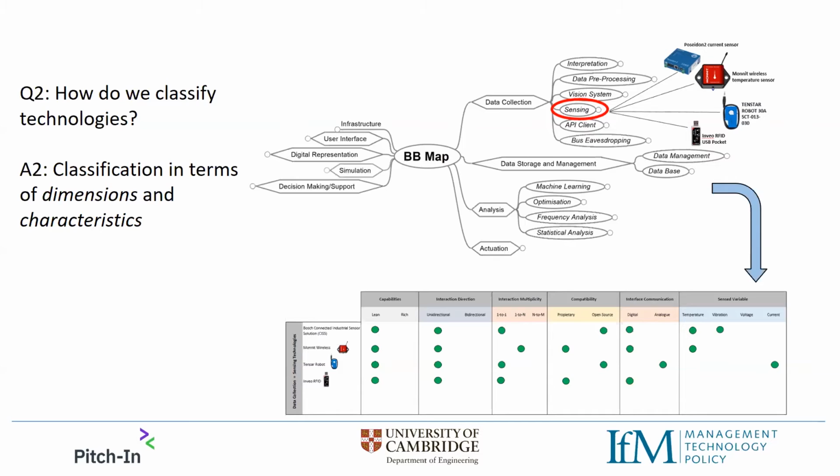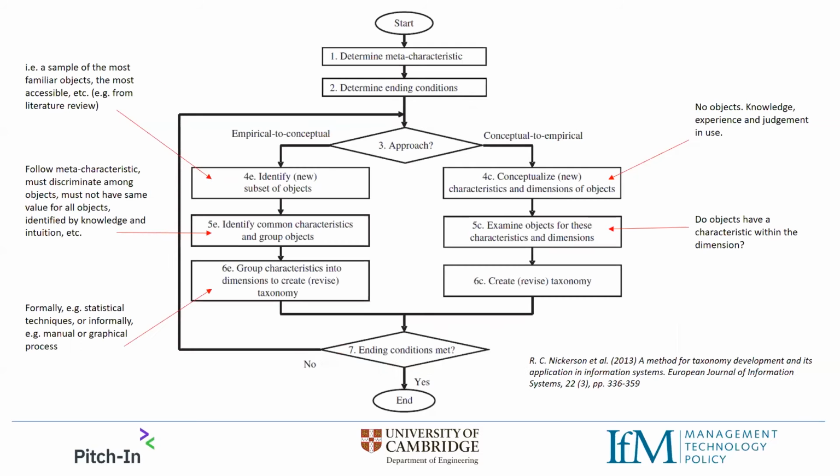For doing that, we use a framework or an algorithm that has been used for different other domains, from blockchain to problems in industries, etc. This basically gives you an approach to define domains and characteristics, either from empirical to conceptual, or from conceptual to empirical.